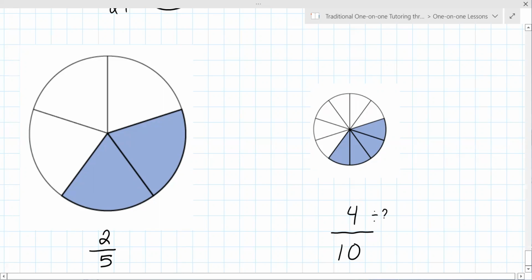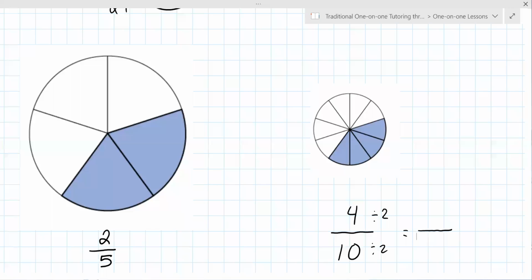No. We're going to divide both of these numbers by 2. What is 4 divided by 2? 2. Okay.